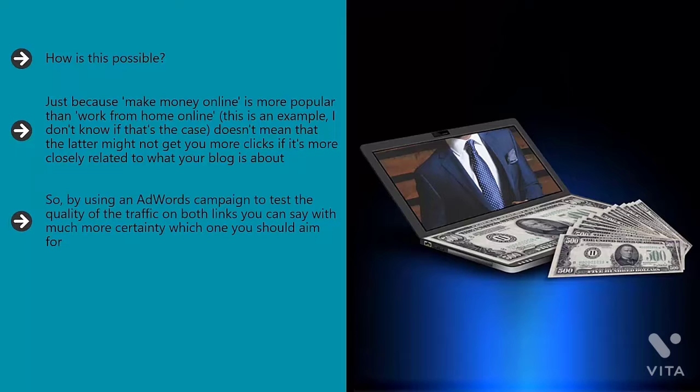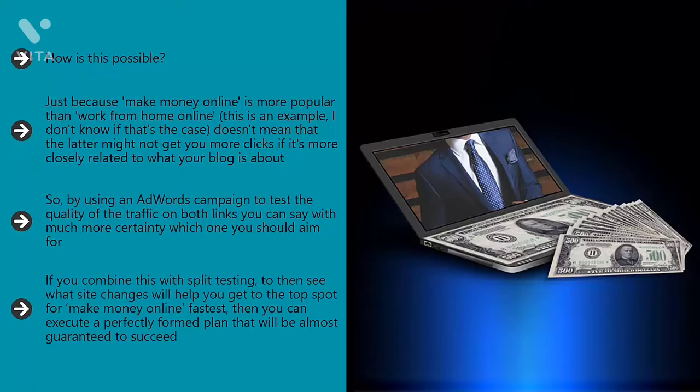So, by using an AdWords campaign to test the quality of the traffic on both links, you can say with much more certainty which one you should aim for. If you combine this with split testing, to then see what site changes will help you get to the top spot for "make money online" fastest, then you can execute a perfectly formed plan that will be almost guaranteed to succeed.